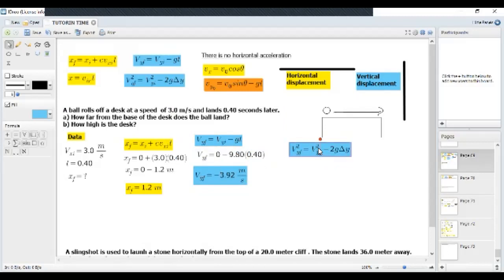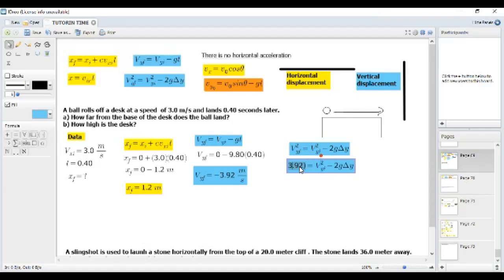So we are going to replace. This one becomes 3.92, but this one is raised to the second, as you can see here in the formula. 3.92 raised to the second. We have the initial velocity, that in this case we don't have it, because the initial velocity is going to be 0.